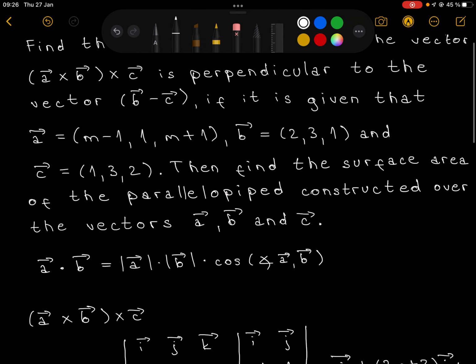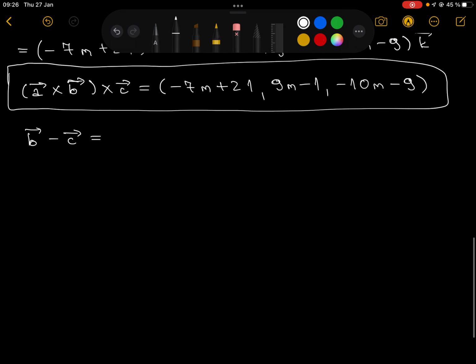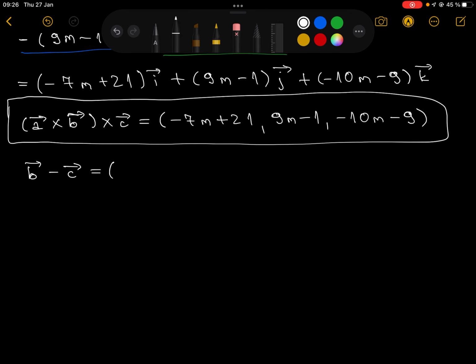So when we look at the coordinates of vectors b and c, we can see that this vector b minus c is going to be 2 minus 1, 3 minus 3, and 1 minus 2, which is exactly the same as 1, 0, negative 1. So this is another step in finding our solution.